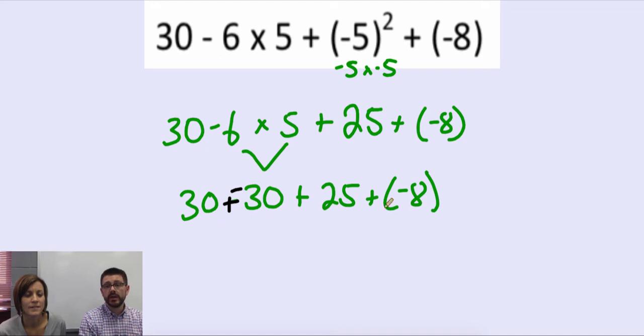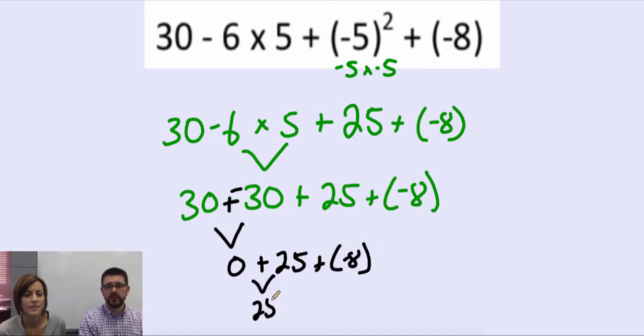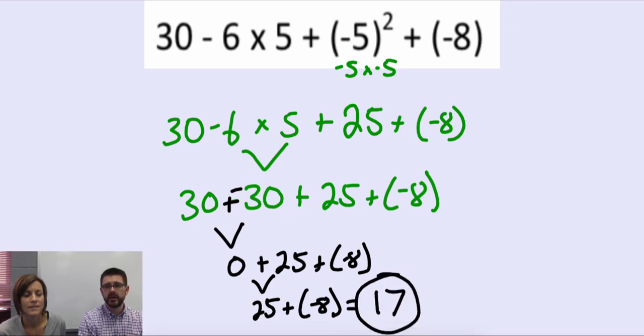And then we just follow it left to right with our addition. 30 plus negative 30 is 0. And then 0 plus 25 is 25. Rewriting it along the way, and then 25 plus negative 8, they have different signs, so we subtract, and we get a positive 17 as our answer. So we're still using those integer rules all the way through our order of operations problem.